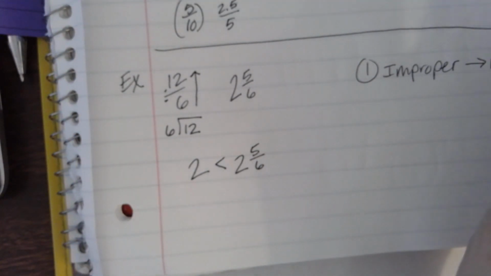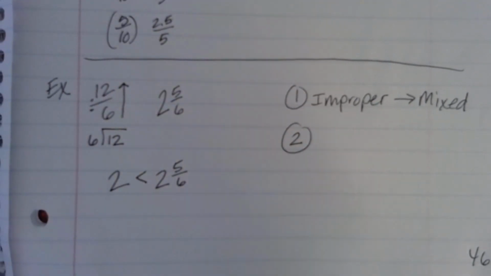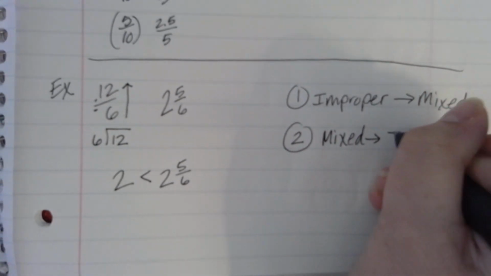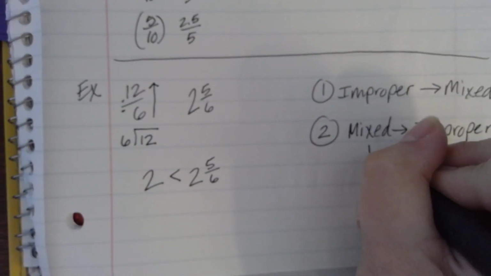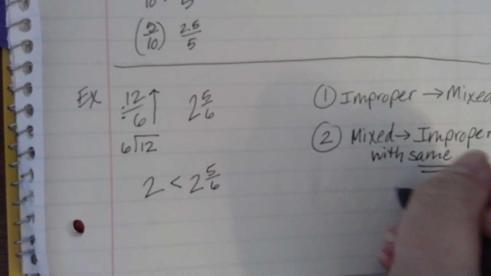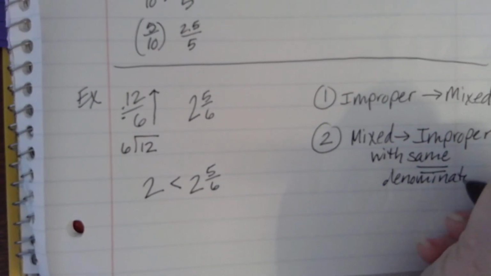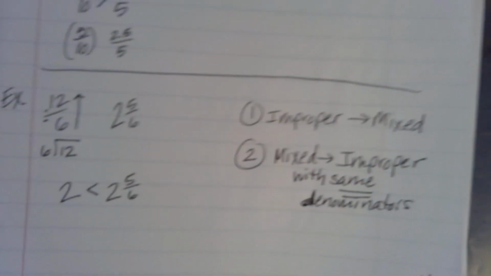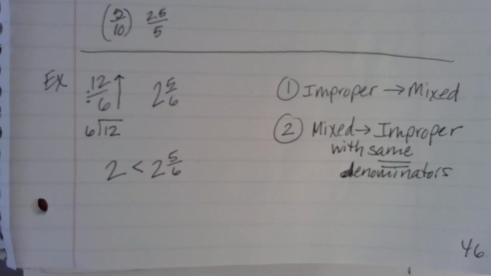So I'm just going to write up here on this second step that you could do mixed to improper, but I would not do it except with same denominators. That is a D. Denominators. Let me move that over a little bit. Okay, so those would be my 2 steps for you.